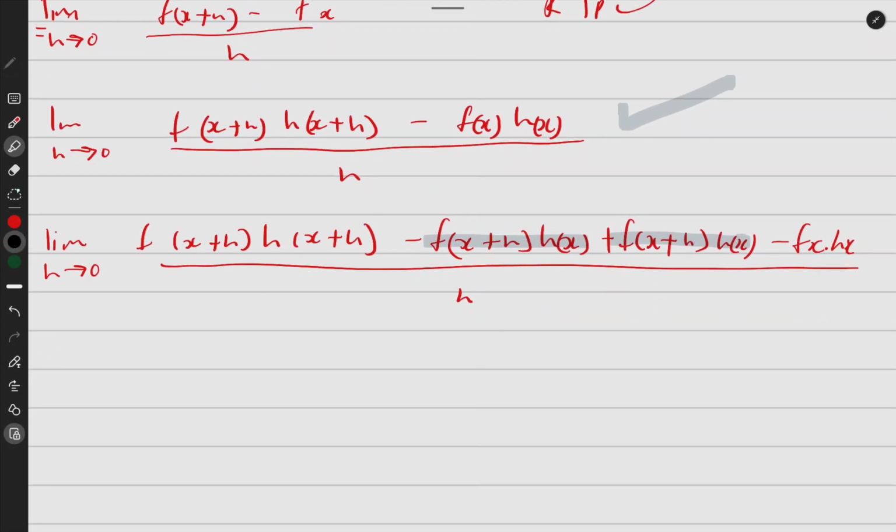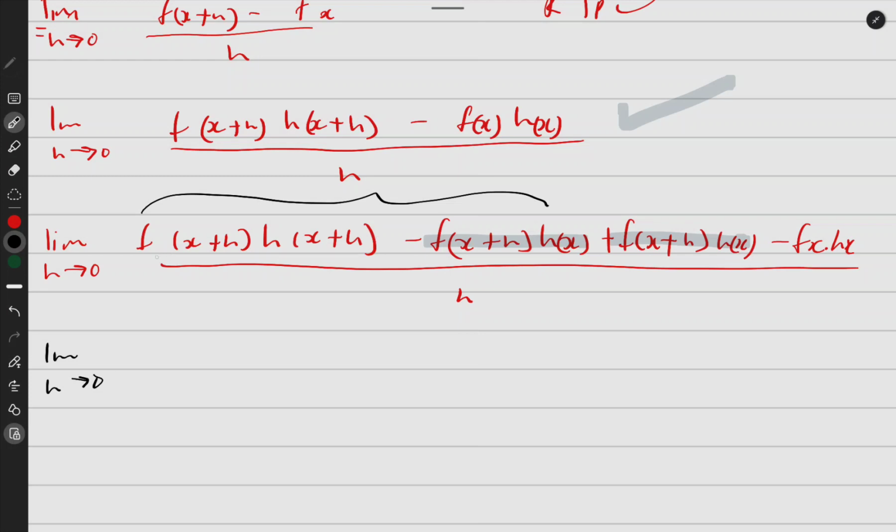Limits as h approaches 0. Okay, now we can notice that from these terms we have something called a common factor here.